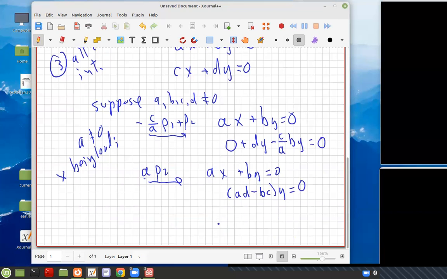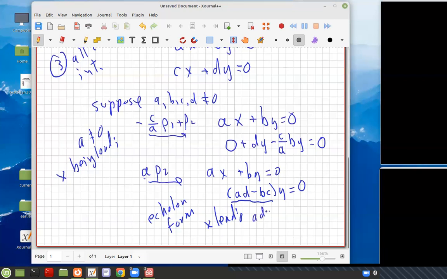Okay? So the idea then is that this is an echelon form. Since A is not 0, X is leading, right? So this number here controls whether the system is singular or not.